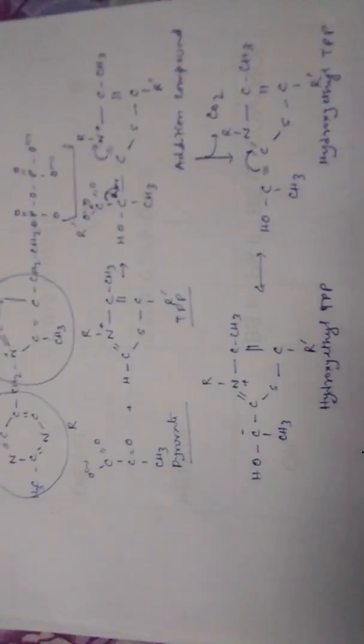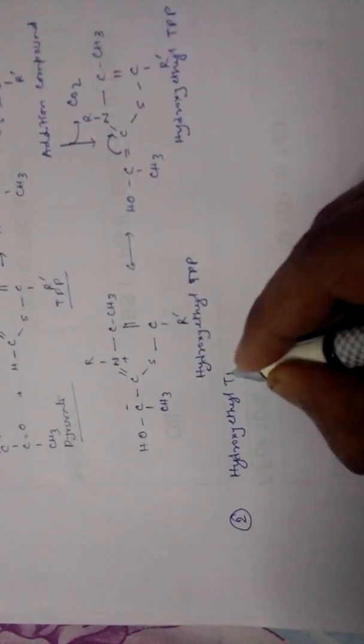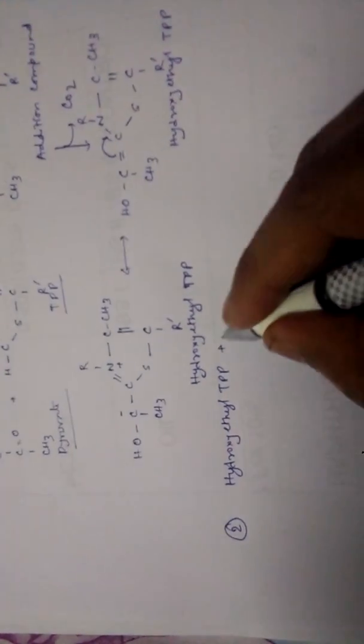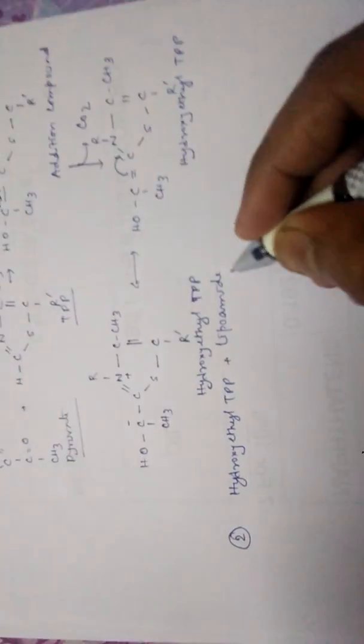Okay. So now the second reaction, step 2. Step 2 is hydroxyethyl TPP will join with lipoamide. So how does lipoamide look?